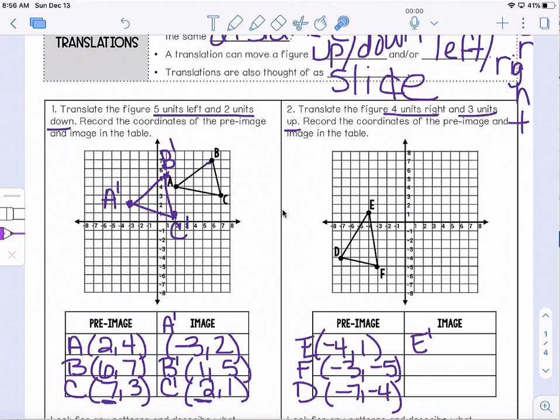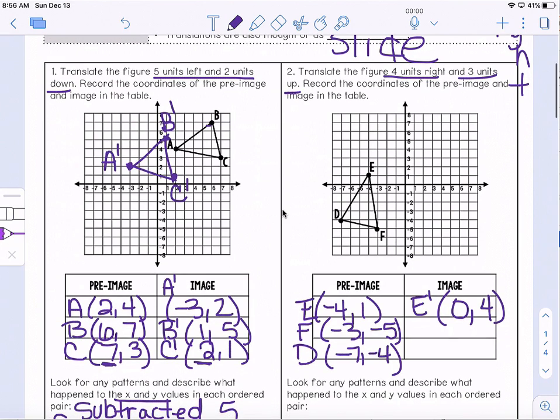If we go 4 to the right, we're adding 4 to -4. -4 plus 4 is 0. And then if you go up 3, adding 3 to 1 is 4. So the coordinates of E prime would be 0, 4.